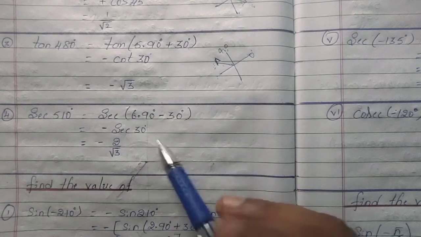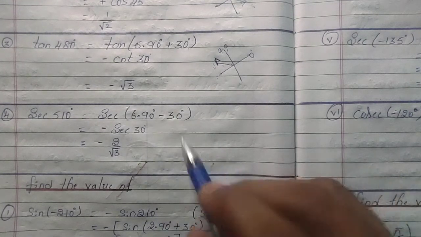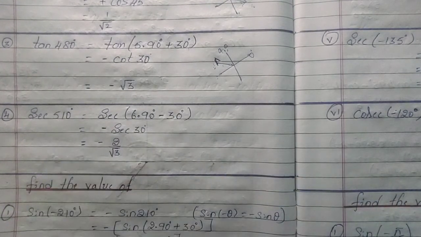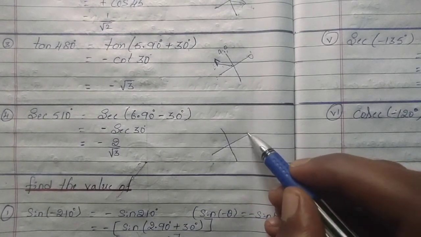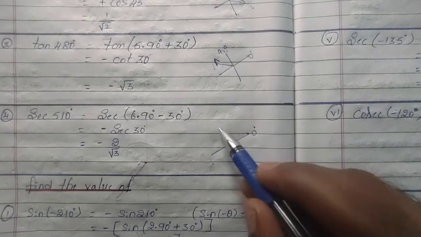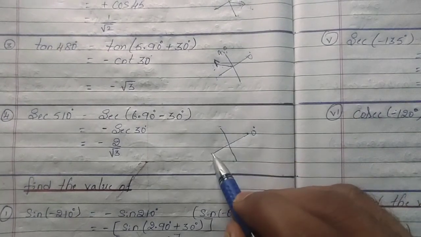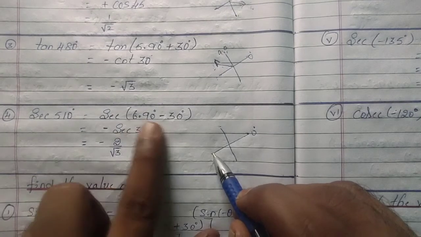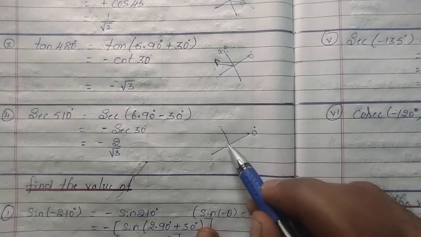Theta is 30. Now 6 times of 90 minus theta, that means this 510, in which quadrant does it lie? So this is 0, 1 time 90, 2 time, 3 time, 4 time, 5 time, 6 time. 6 times 90 minus 30. Minus 30 means you need to move back.